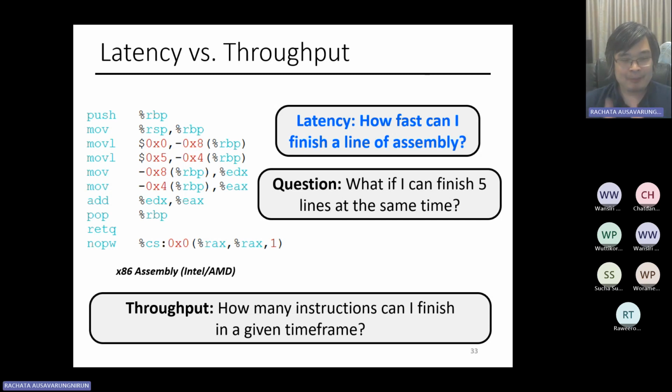Bandwidth means that if I measure 1 second between these connections, how many bytes of data can I send over? Again, they're different. I can send over 1 terabyte of data in 1 second but have a really bad latency. It can take 1 minute to send one thing over, but I can send billions and billions of things at the same time. It will have really high bandwidth and really high latency.